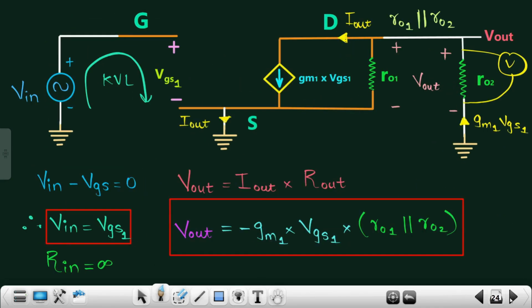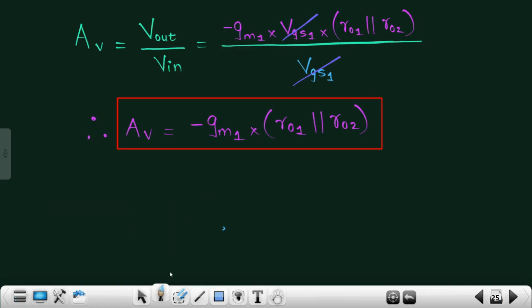Let me write the pointers which we got over here. Rin is infinite. Rout was RO1 in parallel with RO2. Rin was infinite, and Vin was equivalent to VGS1.